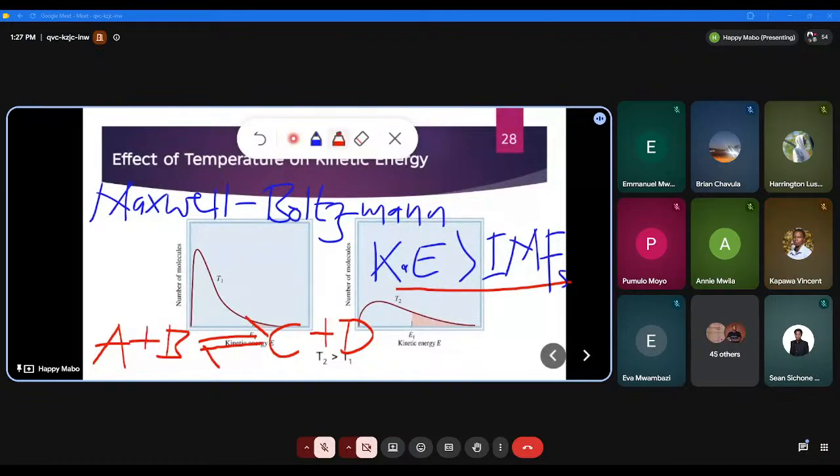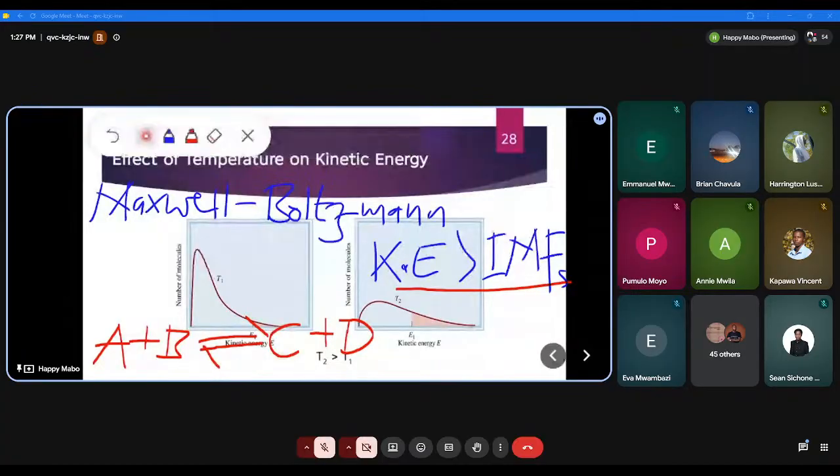So if the particles of A and B have kinetic energy which is greater than the strength of the intermolecular forces, then it means the particles would have reached the activation energy. They will have acquired the activation energy that is needed for them to interact together and form your products.